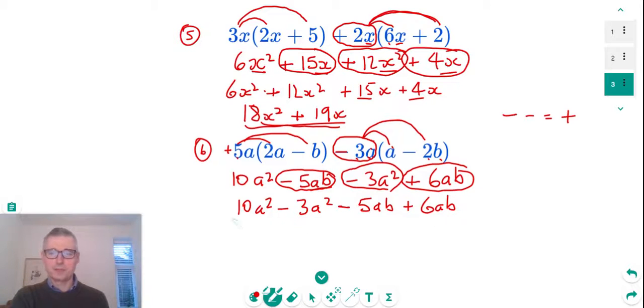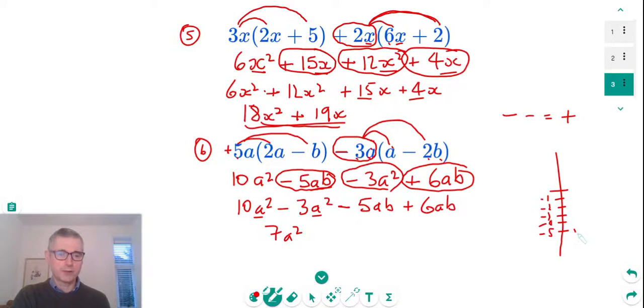So next thing I'm going to do is I'm just going to simplify it, remembering that I can only actually simplify bits that are like each other. So the a squareds, if I'm looking at them, I've got 10a squareds, take away 3a squareds. That's going to give me 7a squareds. And now I've got the minus 5ab plus the 6ab. And so if I think about a number line, there's 0. And if I go down further to minus 1, minus 2, minus 3, minus 4, minus 5, that's where I am currently with this one.